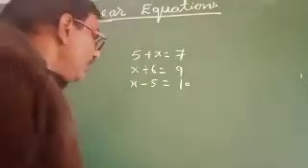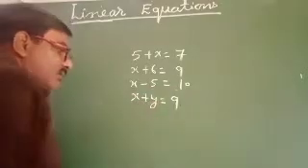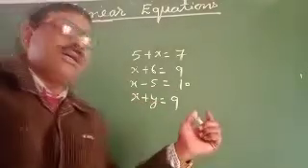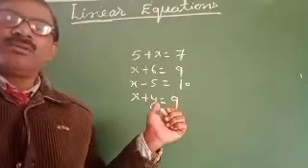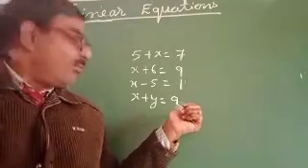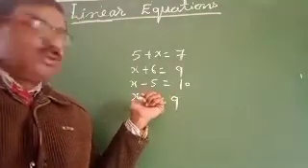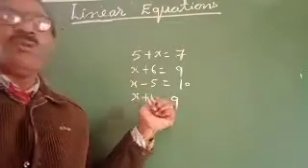But if you write x plus y equal 9, here is the equality sign, so this is an equation, but here there are 2 variables, x and y.